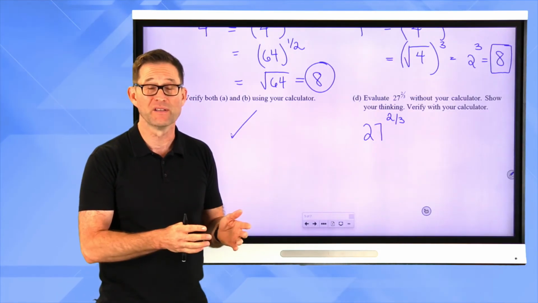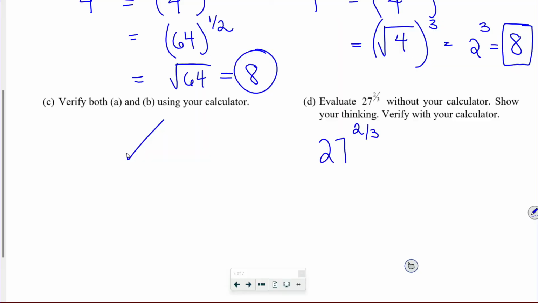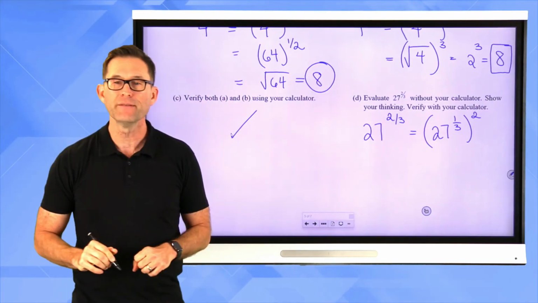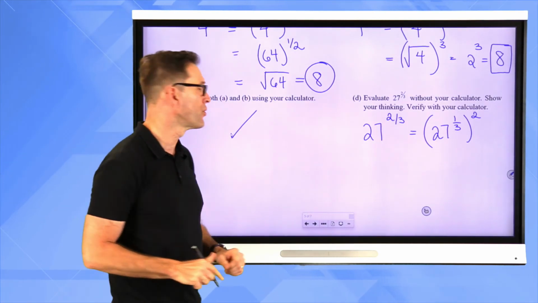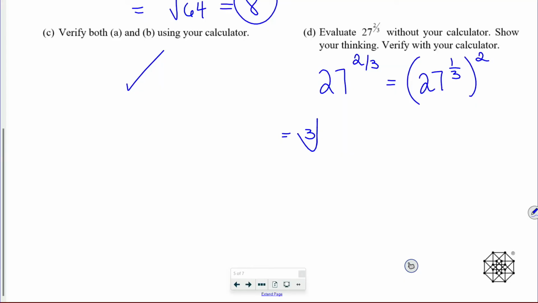I don't even know what 27 squared is, and then find the cubed root of it. So I'm going to think about this as the cubed root. Actually, let me write the intermediate step. I'm going to think about this as 27 to the 1/3 squared, which I can then think of as the cubed root of 27 squared.